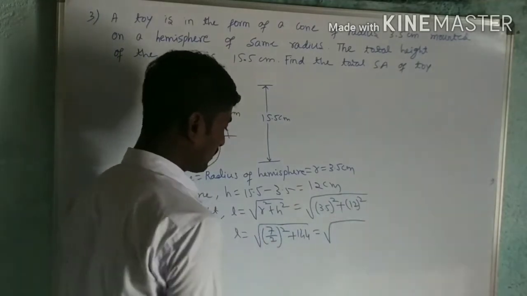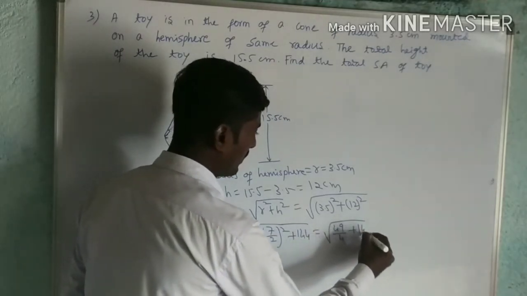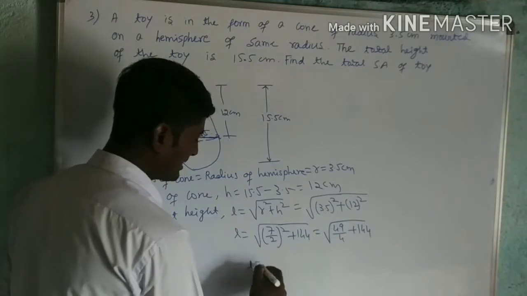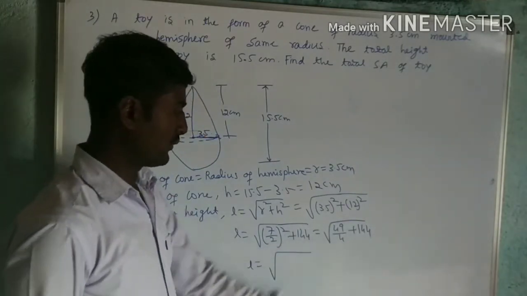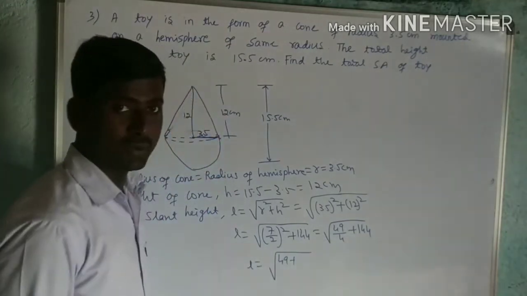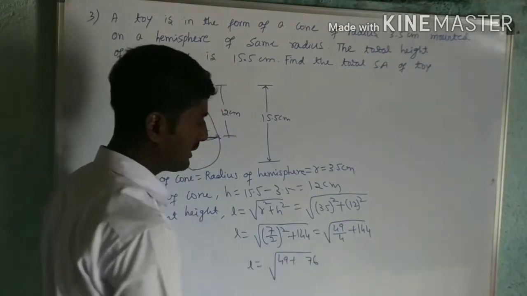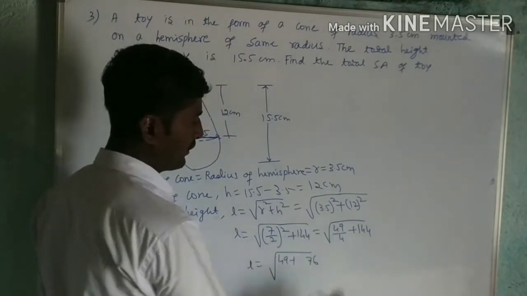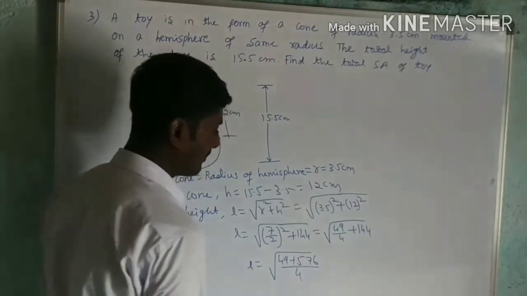This is equal to under root of 49 divided by 4 plus 144. Now L is equal to under root of 49 plus 144 multiplied by 4, which is 576, all divided by 4.